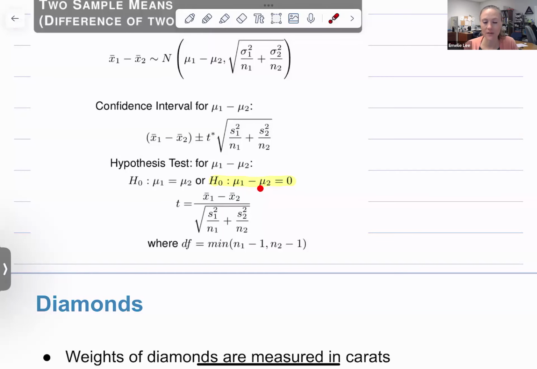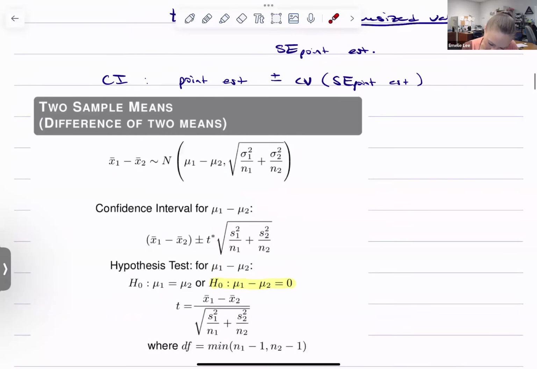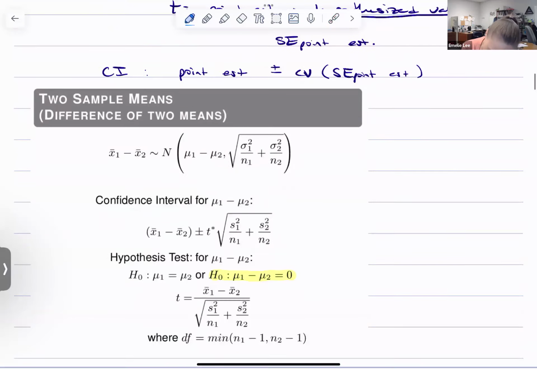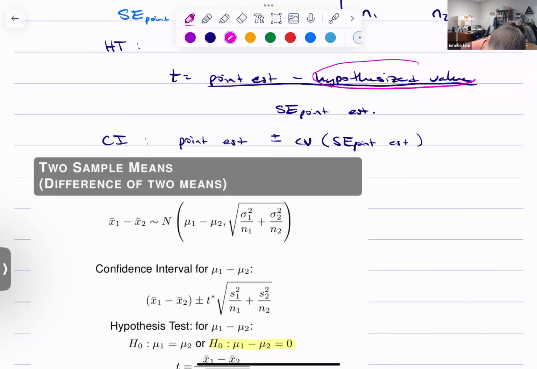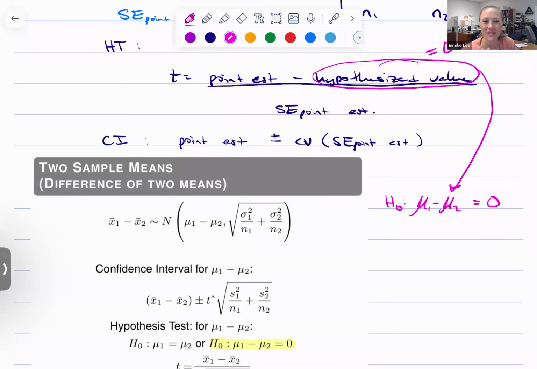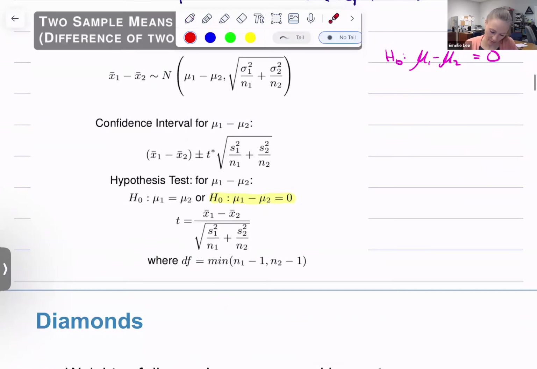My null hypothesized difference in the means is 0, so the hypothesized value is that mu1 minus mu2 is equal to 0, and this is always 0. How far is the observed difference from 0? Same idea as what we were just doing, and then over the standard error of the point estimate, which is the same.